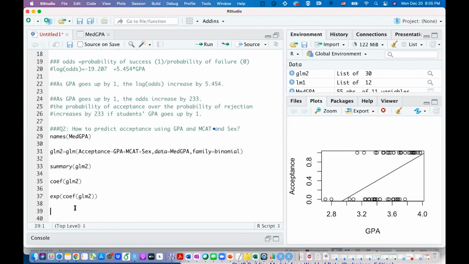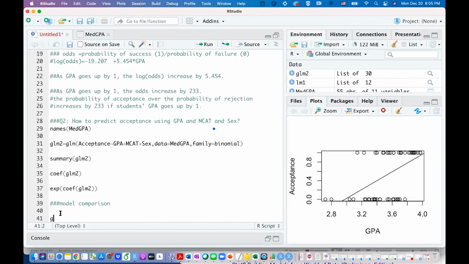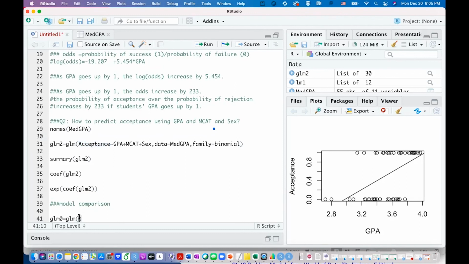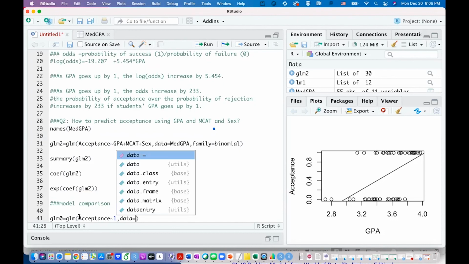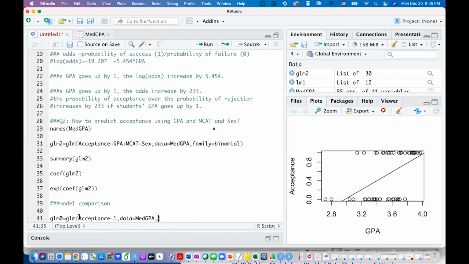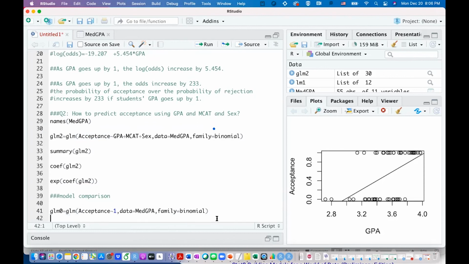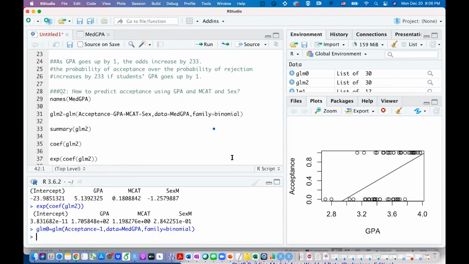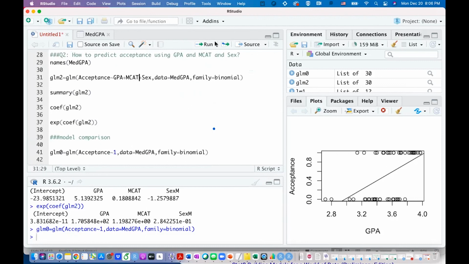Another thing you can do is model comparison. For example, I can build a model called GLM0, using GLM on acceptance with no predictors, with data equals MedGPA and family equals binomial. So this is my GLM0, and this is my GLM2.